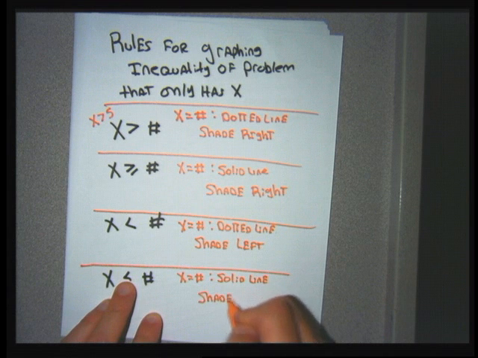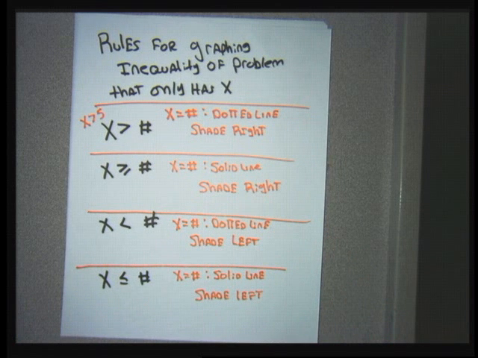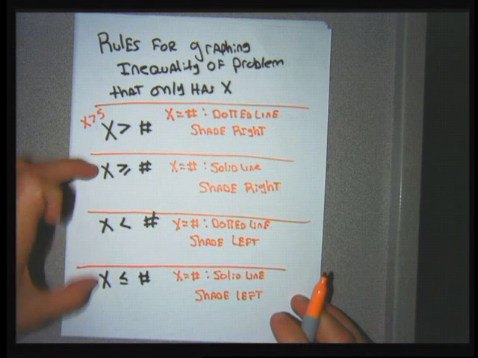So when I get back into the section, for any inequality that has only an x and not a y, I'll follow the rules here. Specifically, I'm going to draw a vertical line. It's either going to be dotted or solid: solid if I have the or equal to, dotted if I don't.